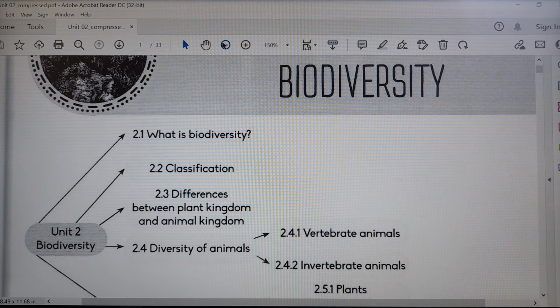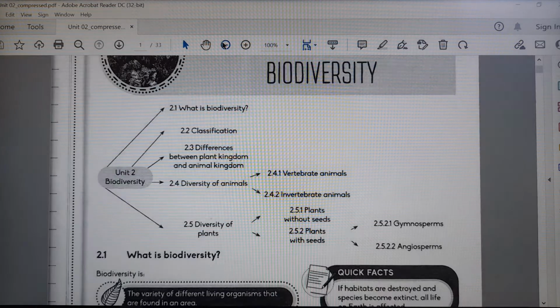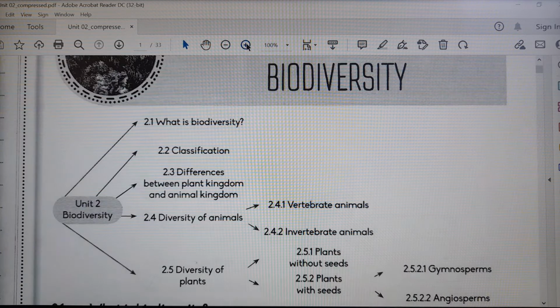Okay, so let us look at what will be covered in biodiversity. Let me see if I can put this so that you can see. Yes, just like that. Under biodiversity, we are going to cover 5 subunits, and they are also divided into smaller parts.